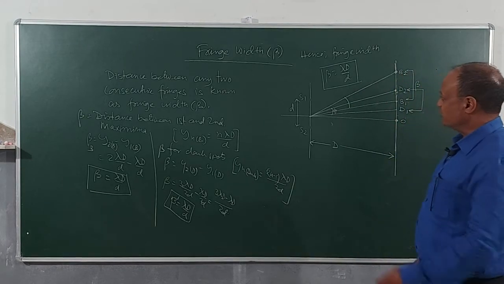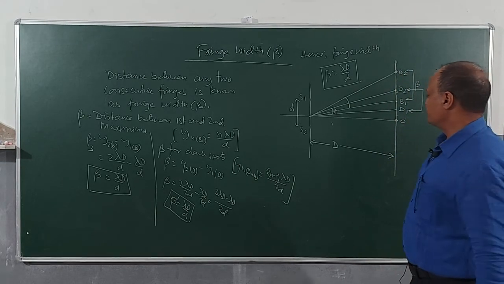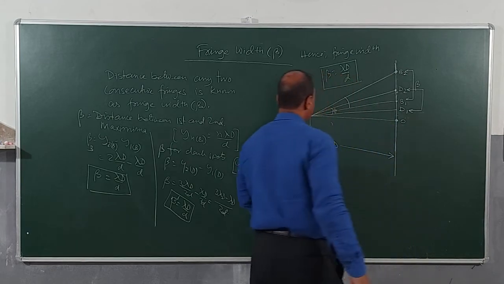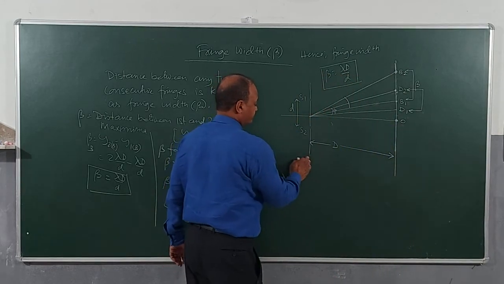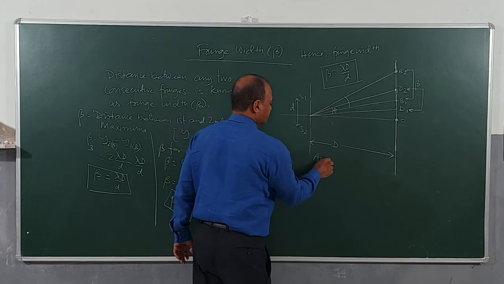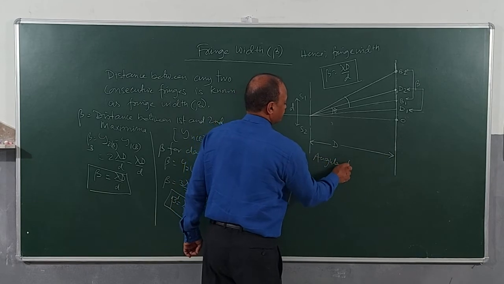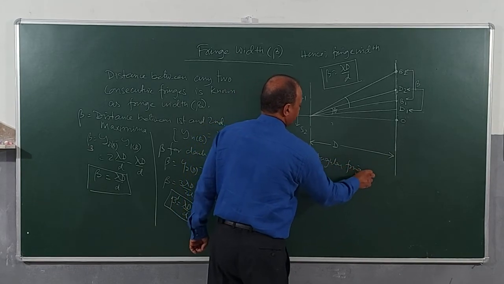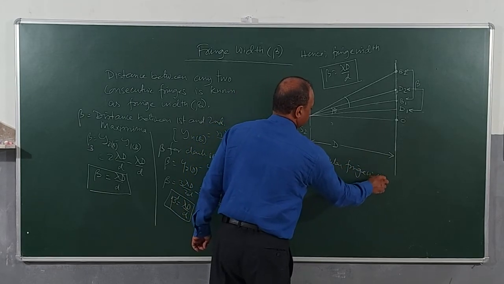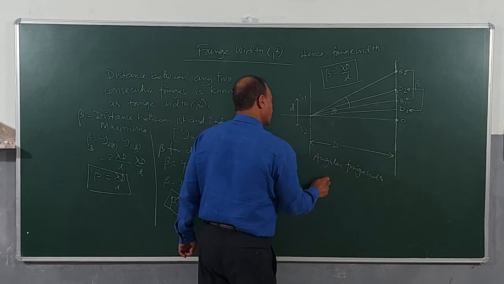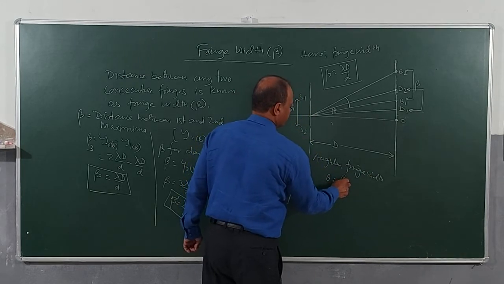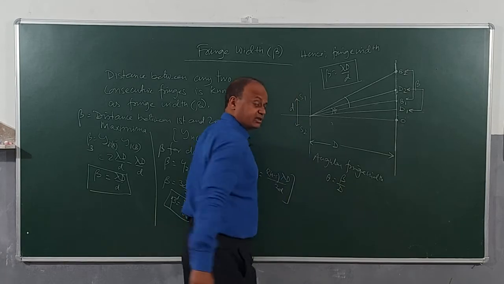Clear? So, if you are calculating angular fringe width theta, it will be beta by capital D, isn't it?